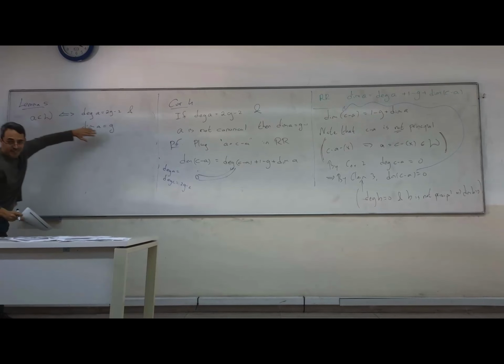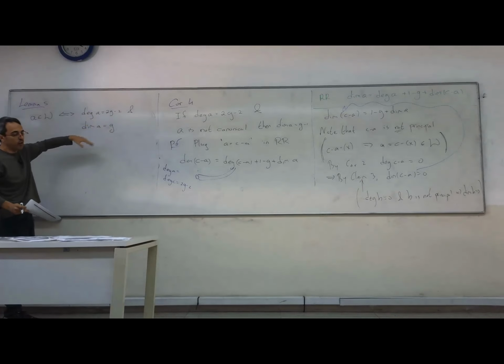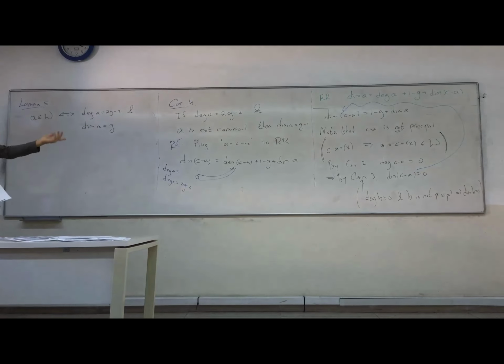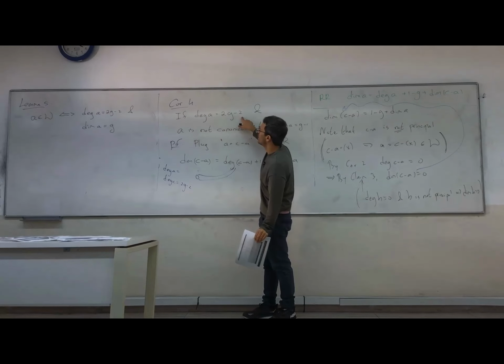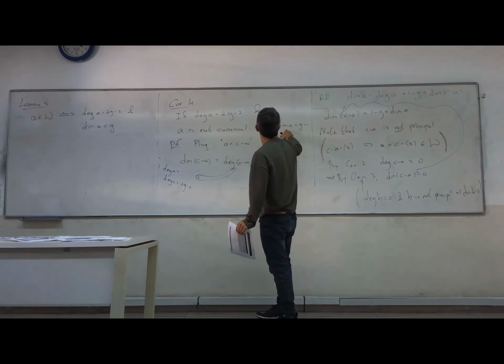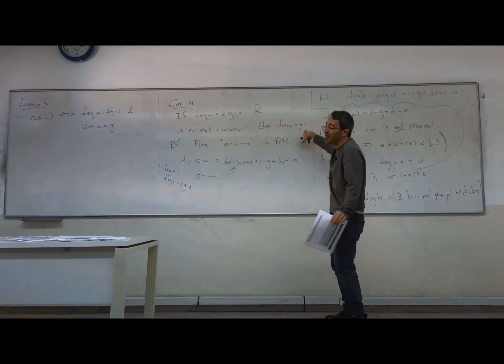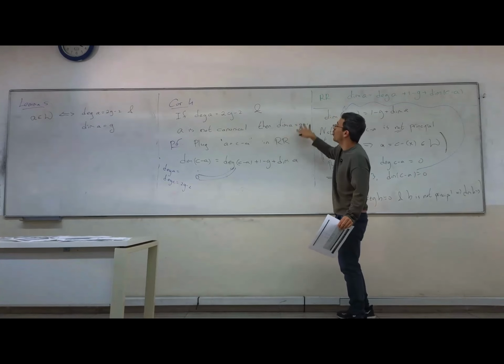We proved this direction initially: we took a canonical divisor and computed its degree and dimension using Riemann-Roch. In the other direction, this is what we just did: if the degree is 2G minus 2 and you are not canonical, then the dimension is G minus 1. In particular, it's not G. This is more information.